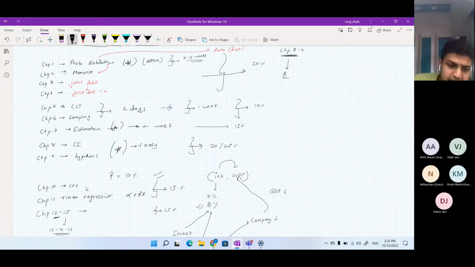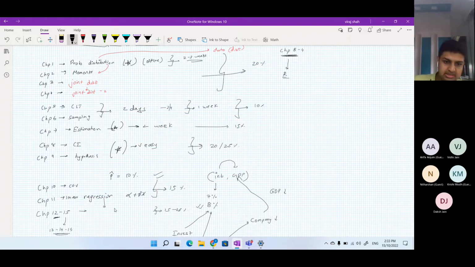Okay, 12 is little bit important, but again weightage कम है. Okay, this can range from 15 to 25%. Okay, but average अपन 20% पकड़ते हैं, उससे ऊपर नहीं जाने वाला है. 12 being the most important chapter.